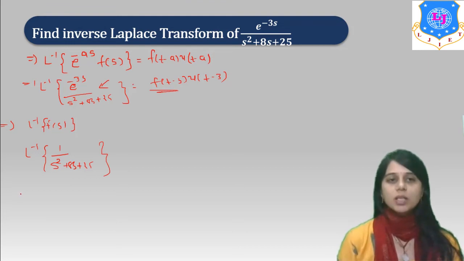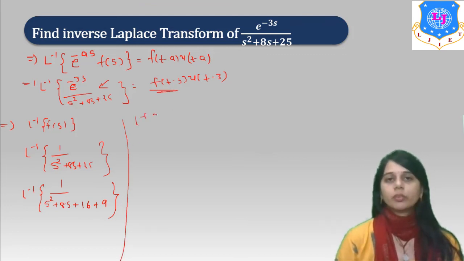We split the 25: 1 upon s square plus 8s plus 16 plus 9. So we have the form 1 upon (s plus 4) whole square plus 9.